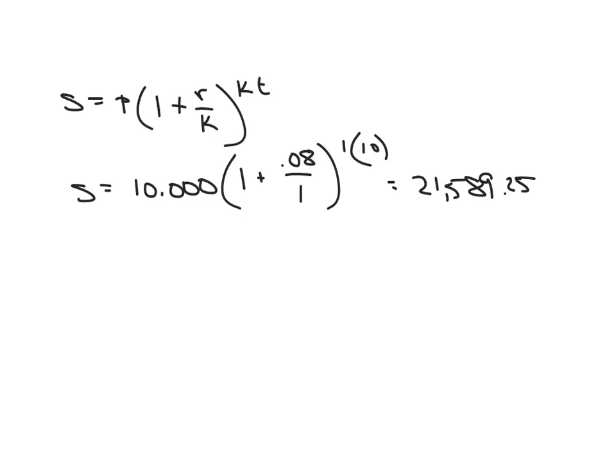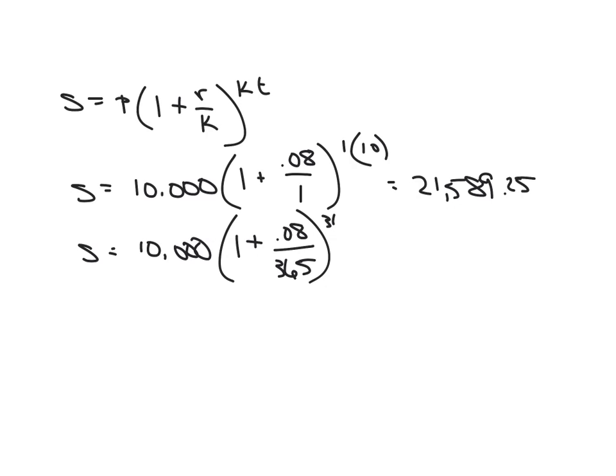Okay, so let's look at the next one. It says B, what if it's compounded daily? Well, now we're going to have 10,000 times (1 plus 0.08 over 365) to the 365 times 10. How many times is it compounded per year? 365 days.